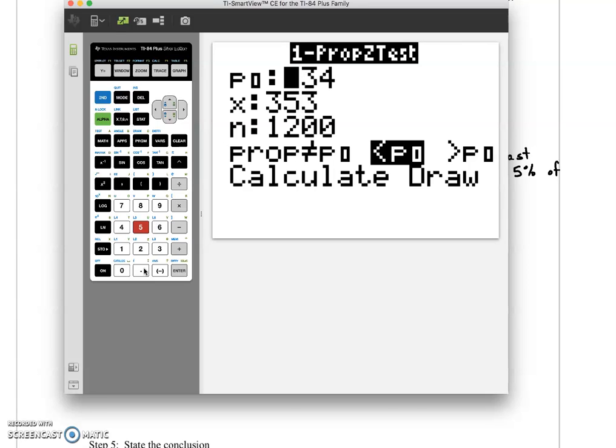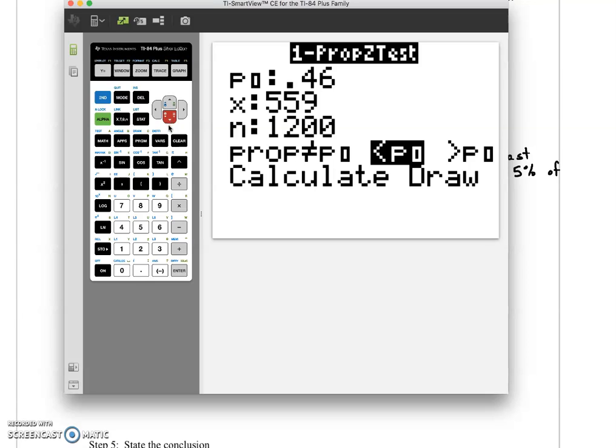The sample proportion is 0.46. x is 559. That's how many people believed that protecting the right to own guns is more important.